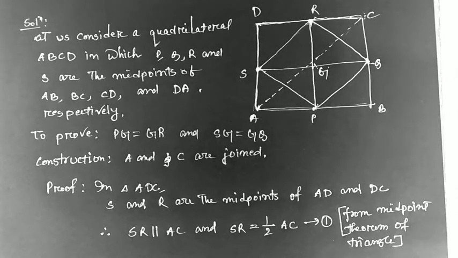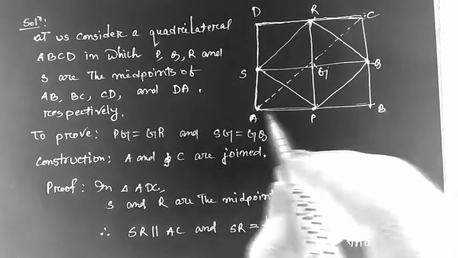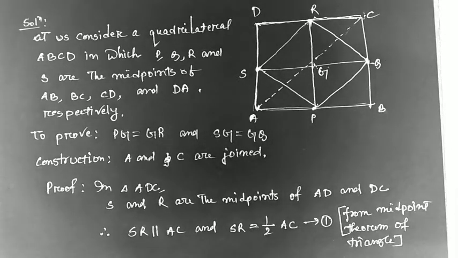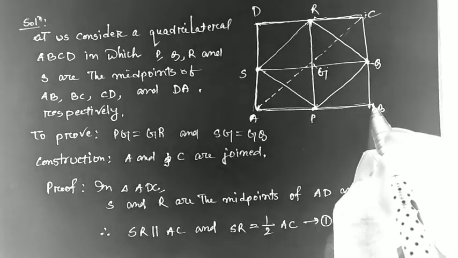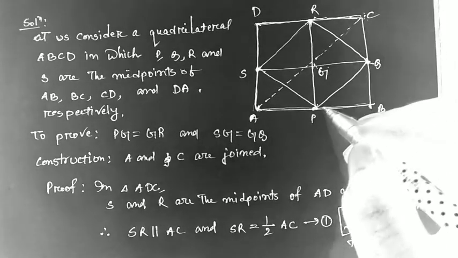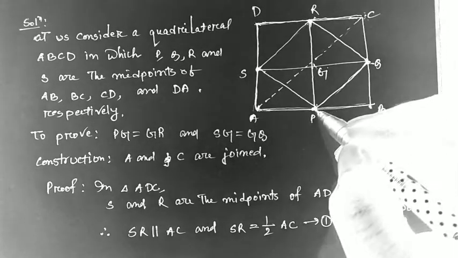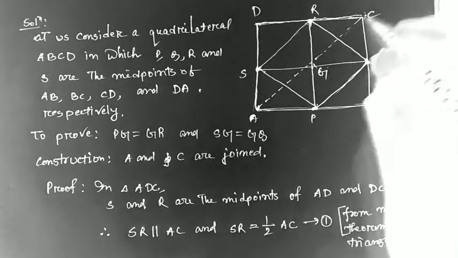So similarly we can write, in triangle ABC, P is the midpoint of AB and Q is the midpoint of BC. So this is the line segment joining the midpoints of two sides of this triangle.